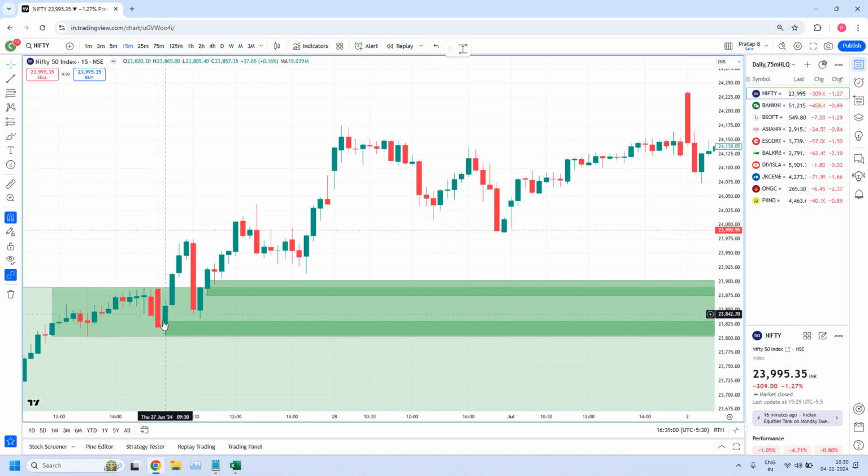Again, some intelligence is required here whether to consider it, because this candle is neither a base candle nor a leg candle, it is a medium-size candle. If you consider it, definitely this is a fine-tuned 5-minute zone. Even if it is not a fine-tuned 5-minute zone, you can still consider this zone based on the aggressive trade setup.